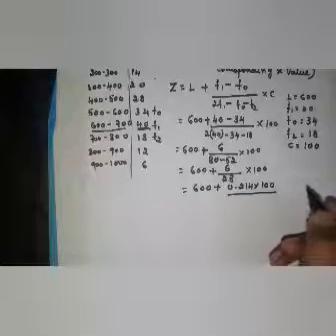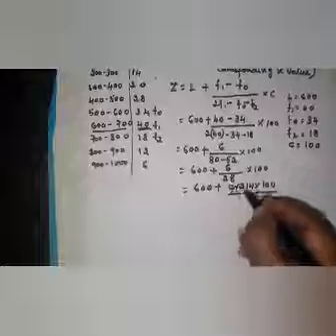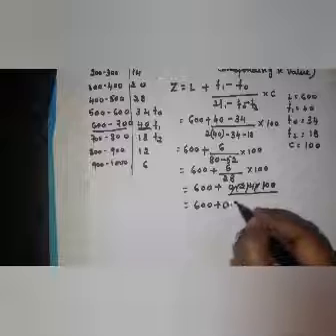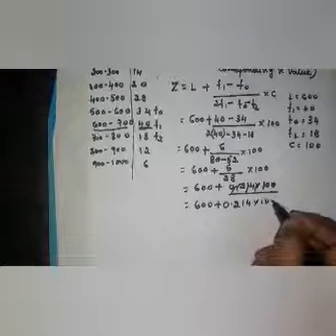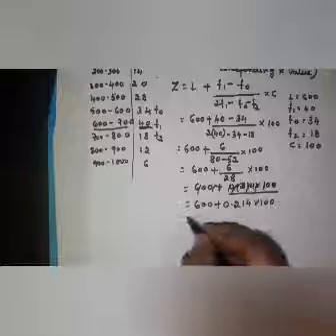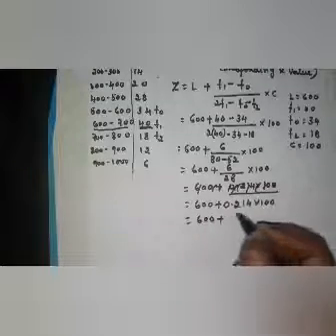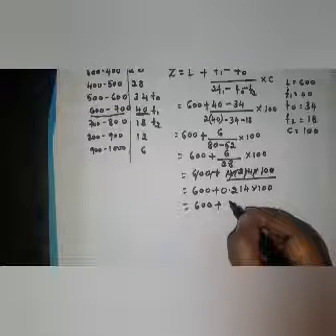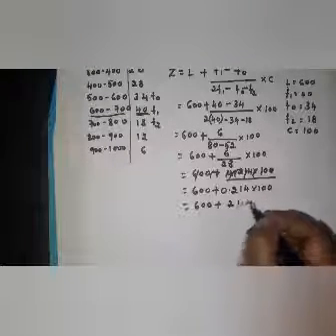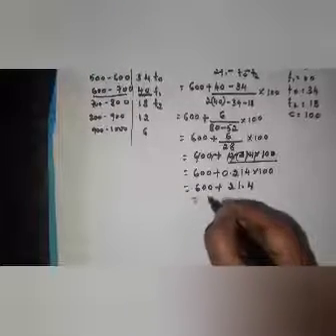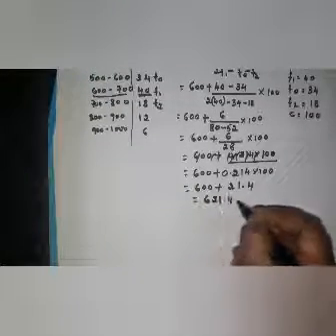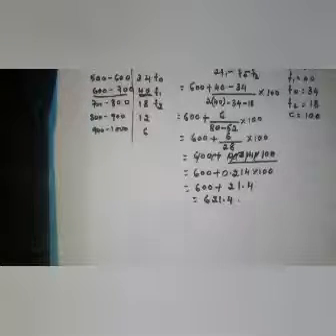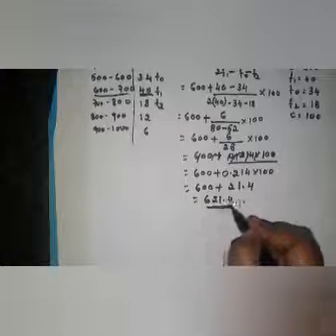So 600 plus 0.214 into 100. When we multiply these two, we get 21.4. Add these two, we get 621.4.